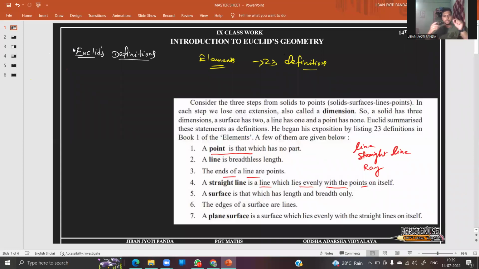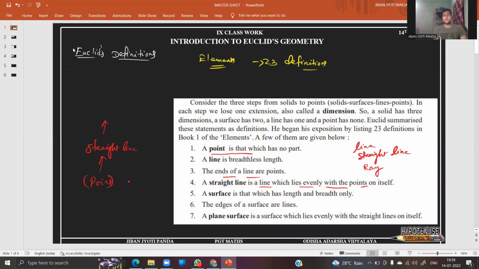First we discussed the point, then the line, then we proceed to the surface. This is the point. After the point, we go for the straight line, and you know how the straight line looks.